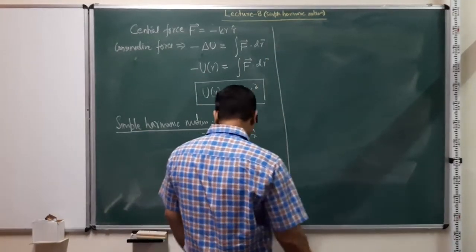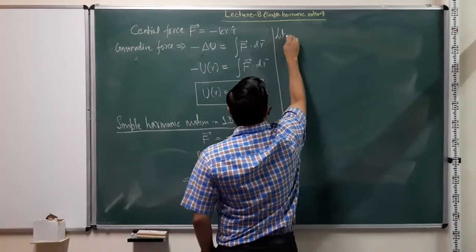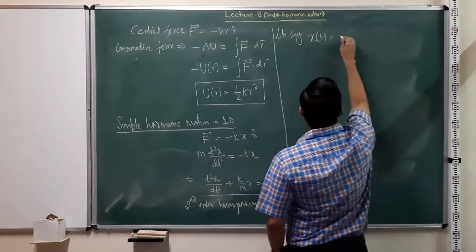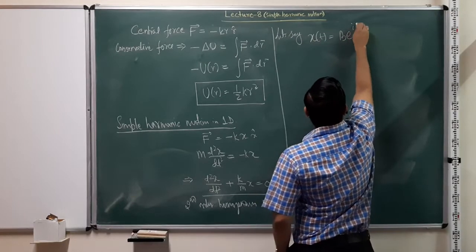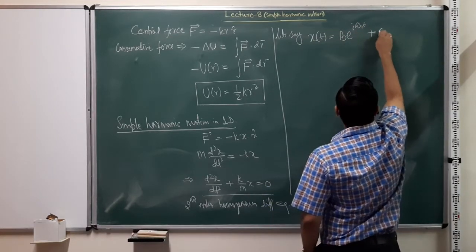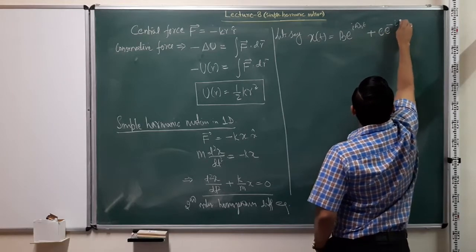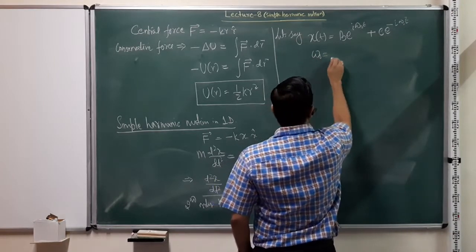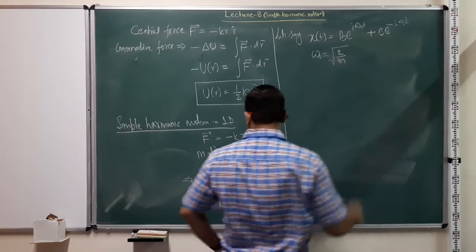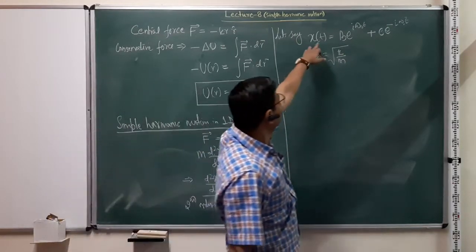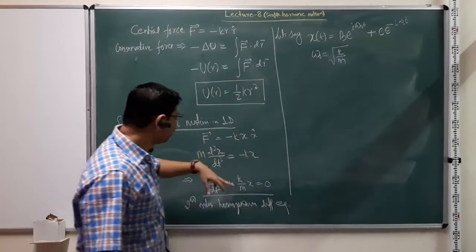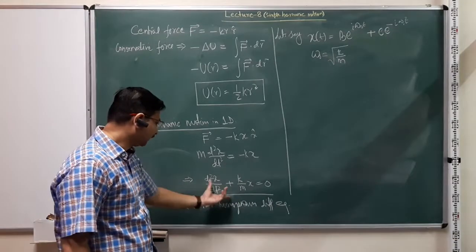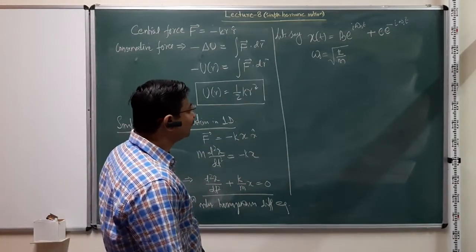Let us say that the solution for this x of t is something of this form, where omega naught squared is simply k by m. I have taken this as omega naught. So let's say this is the solution for this equation, and of course we can quickly check by putting the value of x in this equation and see if it satisfies it. It's rather obvious that it does.